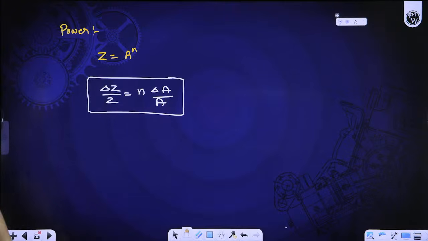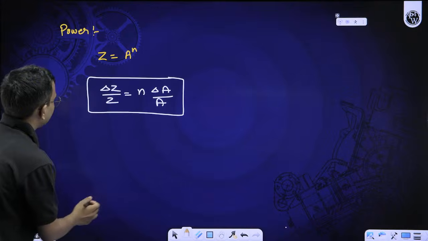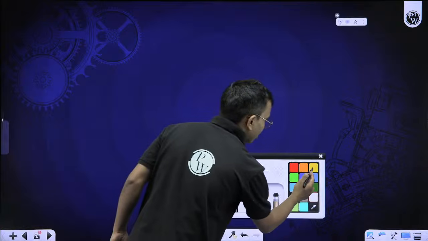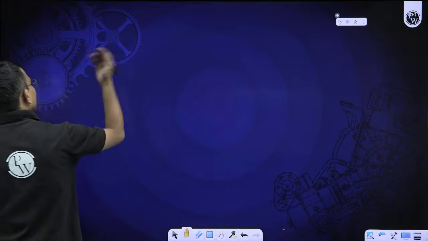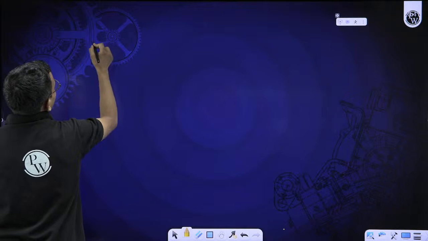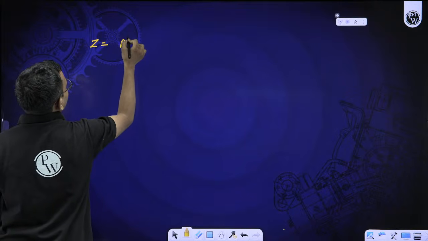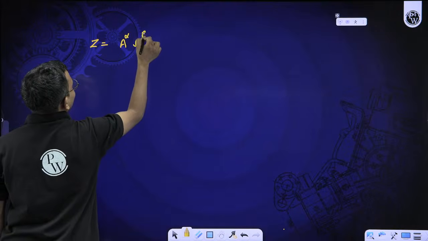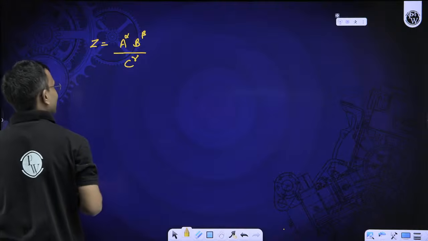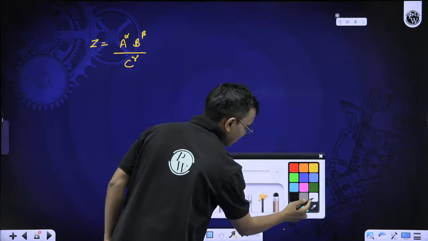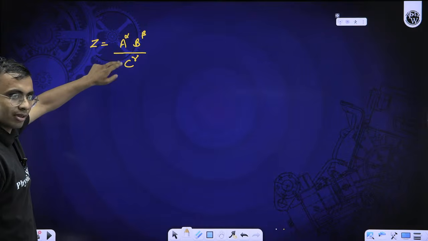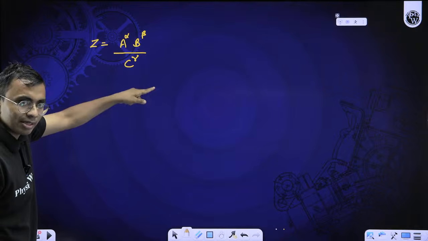If the power is there, you write it like this. Now, let us take some combination where power and some other variables are also there. Let us take z is equal to a to the power alpha, b to the power beta, by c to the power gamma. Power of a is alpha, so alpha times delta a by a will come. Power of b is beta, so beta times delta b by b will come.